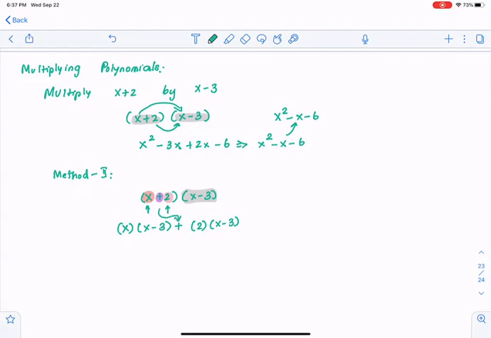Now the rest is just distributing. So x times x, x squared, x times minus 3, minus 3x, plus 2 times x, plus 2x, plus 2 times minus 3 is minus 6, which would give us x squared minus x minus 6.